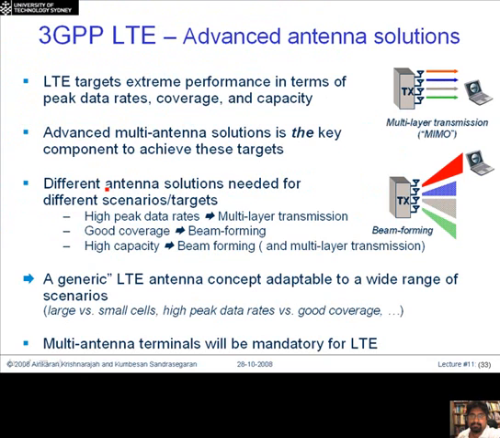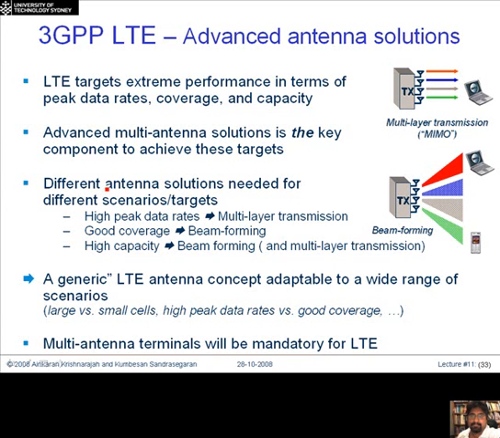Okay, so here's a diagram which shows what we are trying to do with these multi-antenna advanced antenna solutions, which is to improve the performance of your LTE network in terms of the peak data rate that you can get.